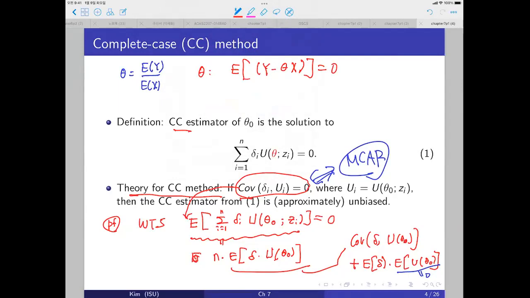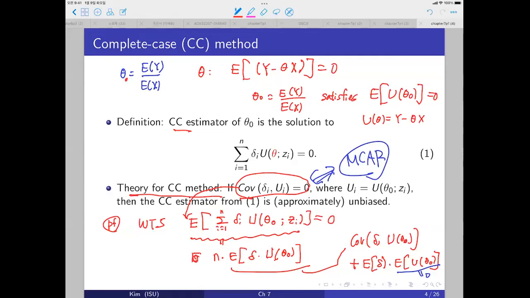Okay, suppose that theta null satisfies the expectation of U(theta null) = 0, where U is y minus theta x, right?